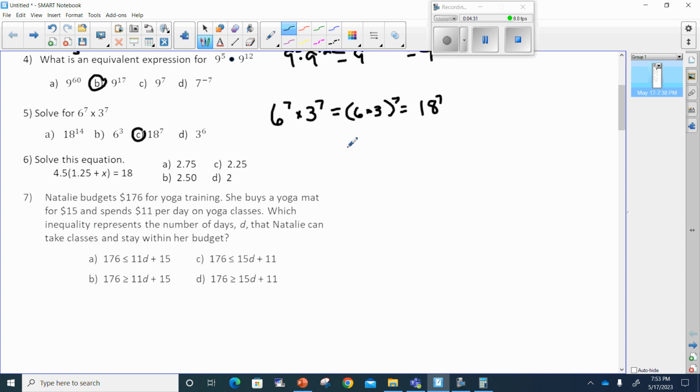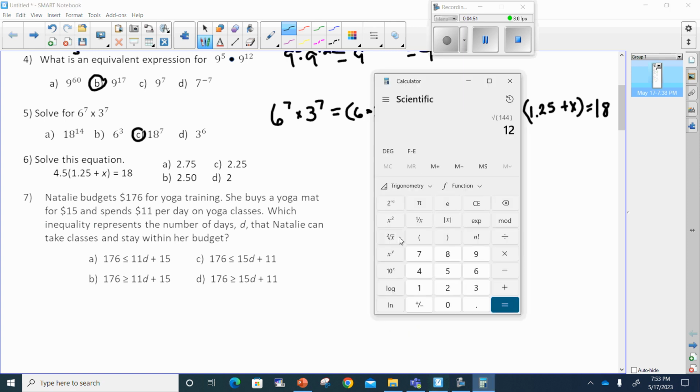If I'm going to solve this, I'm just going to start over here, 4.5 times 1.25 plus x, that's going to equal 18. Well, 4.5 times 1.25, let's do that.